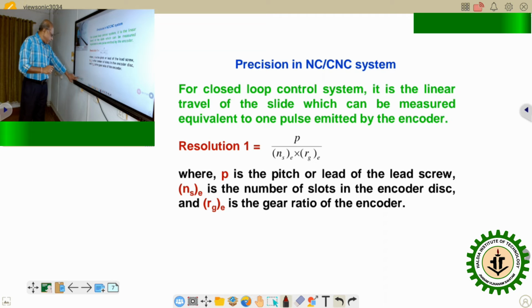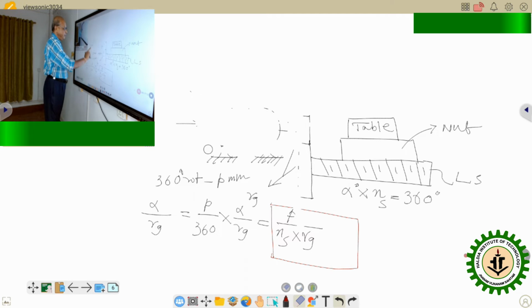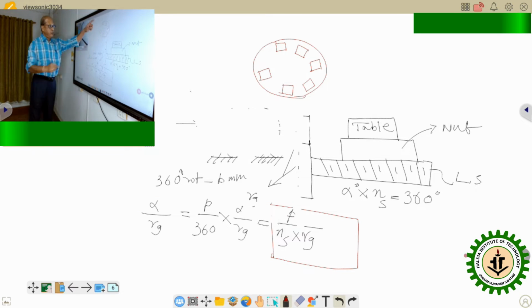It is basically a circular disc having a number of slots, evenly spaced, something like this.